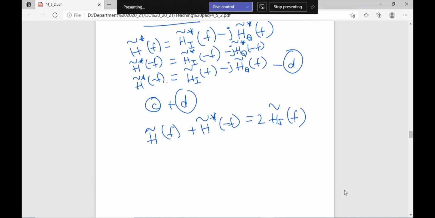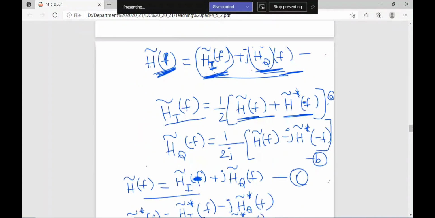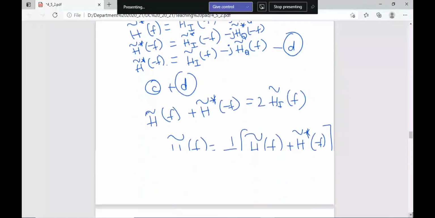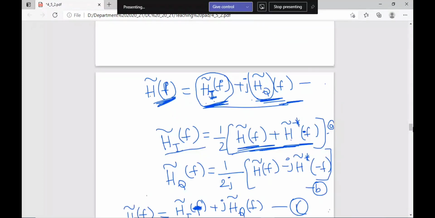So hi tilde of f is nothing but half h tilde of f plus h tilde star of minus f. Okay, so finally if you observe, I'll get this equation only. Correct only, right? Just check.